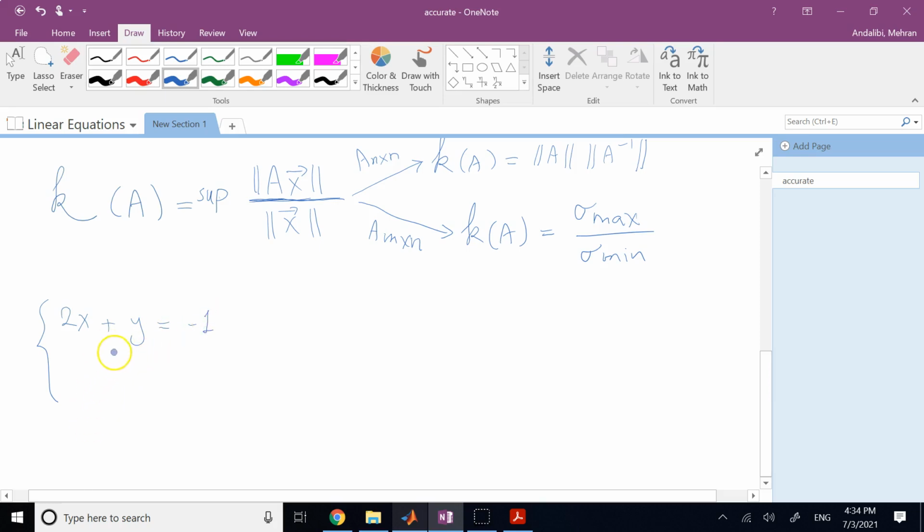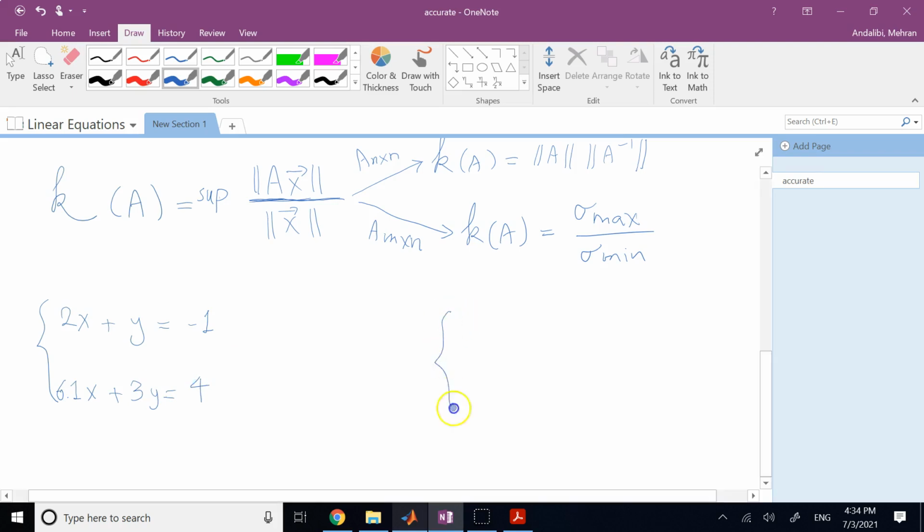And the other one is 6.1 times x plus 3 times y is equal to, let's say, 4. So this is one set of equations.